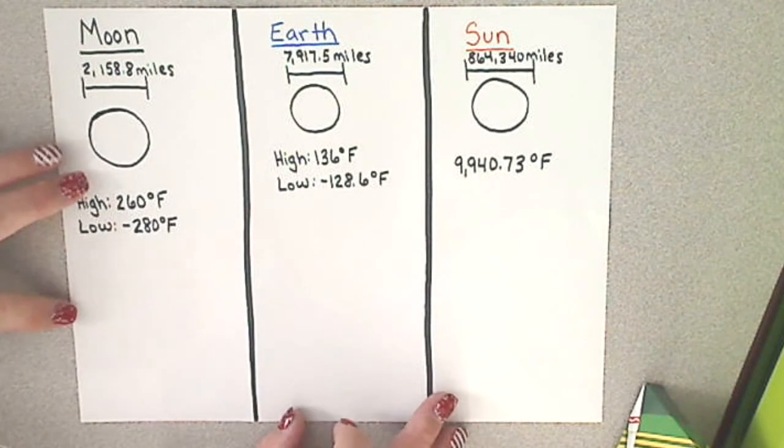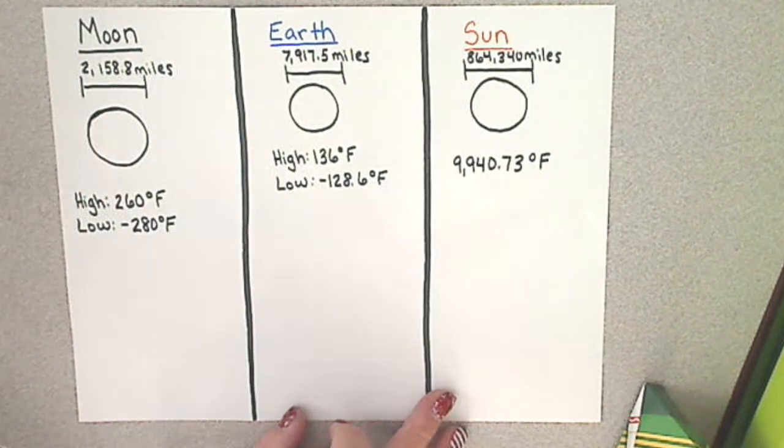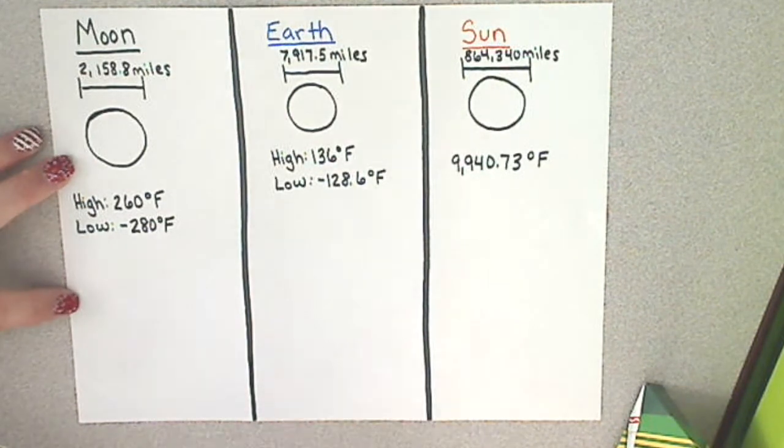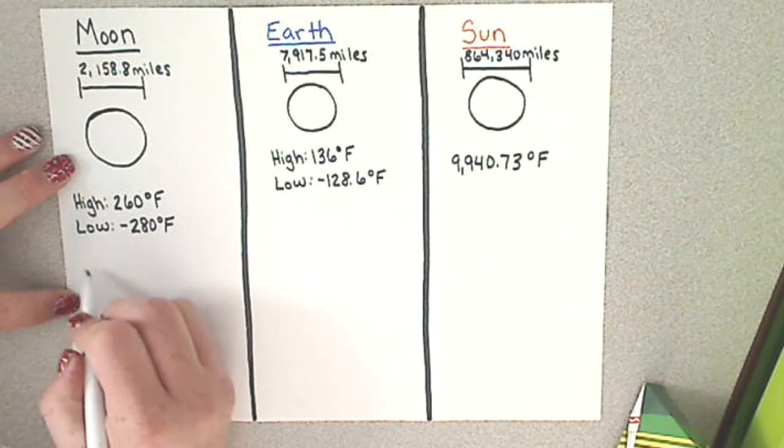Now let's talk about gravity. Gravity is the force that keeps us pulled down to Earth. Okay? Now the moon has less gravity than Earth.